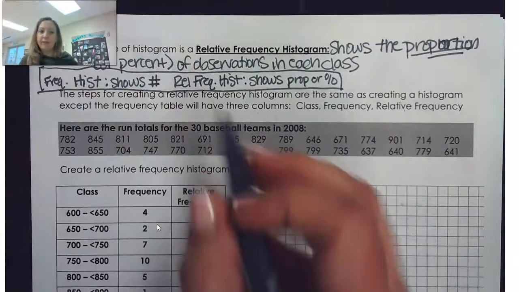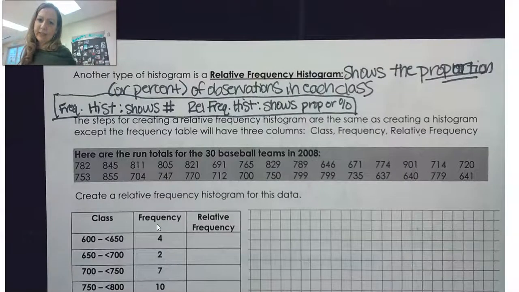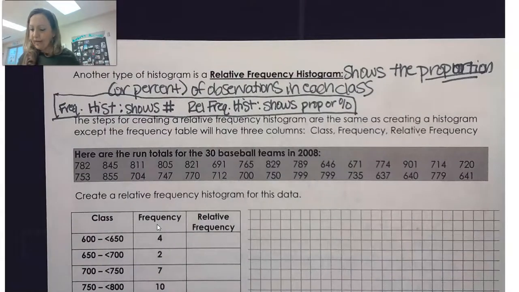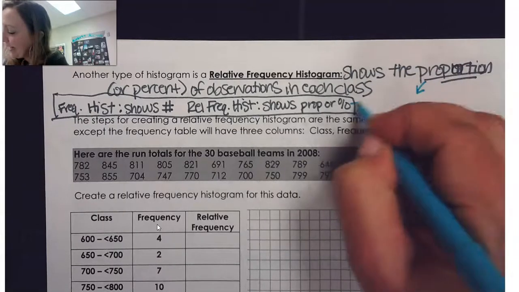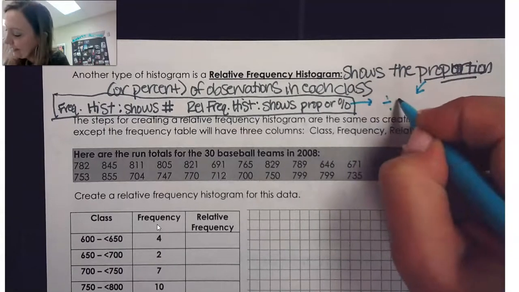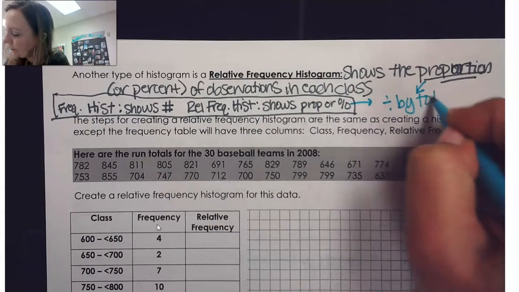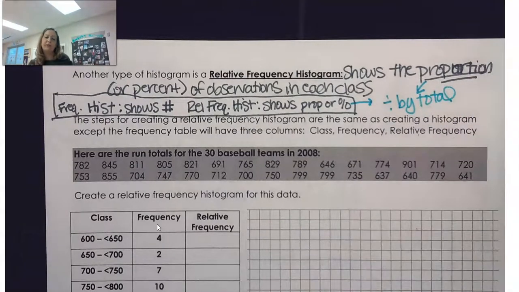But relative frequency is when we are going to show the actual proportion. And to find that, we're going to divide what we found in the regular frequency histogram by the total.